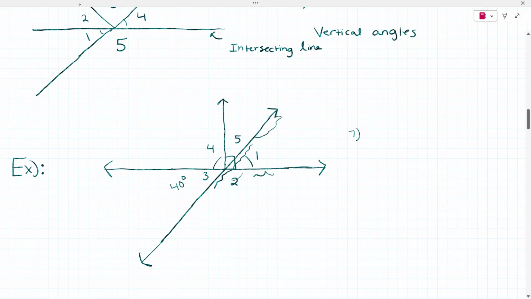So they're saying that if angle 3 is 40, find angle 1 and 5. So angle 1 plus angle 5 is 90 degrees.